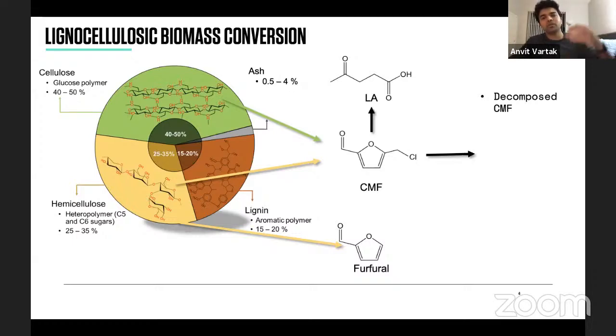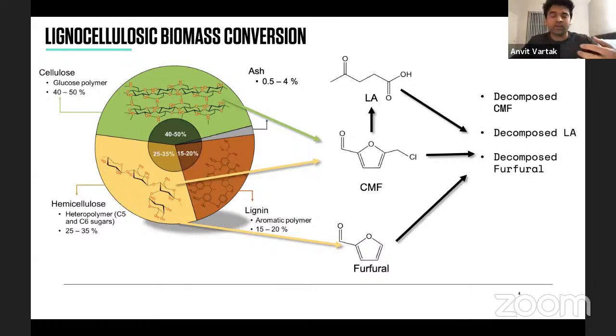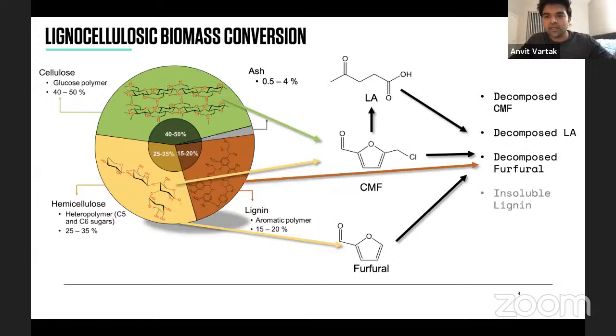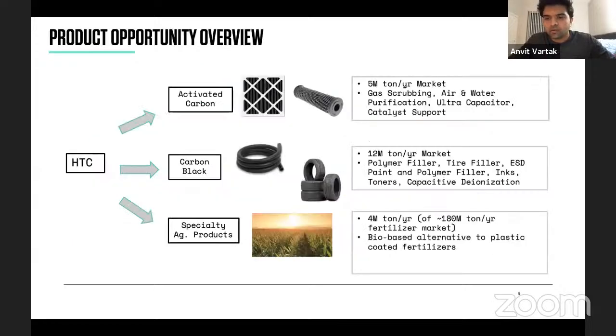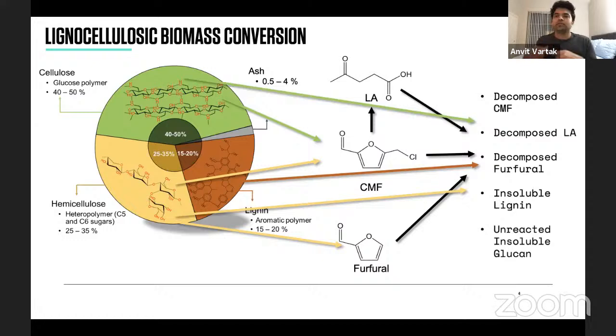But what happens when you're trying to make these platform chemicals out of this biomass? Very close to 50% yield is all these things that I've marked. The CMF decomposes, meaning it is not a single molecule anymore.